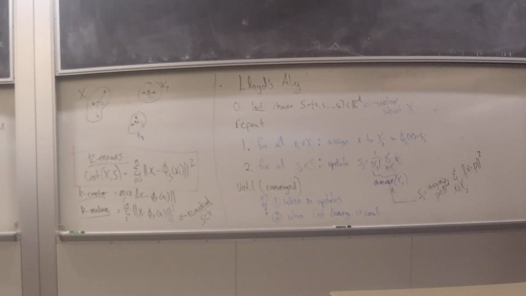Oh, and then one other question is, we have to actually choose the number of centers. Yes, the input K is part of the input for this algorithm. If you're not sure, run it with different Ks and see which one you like.